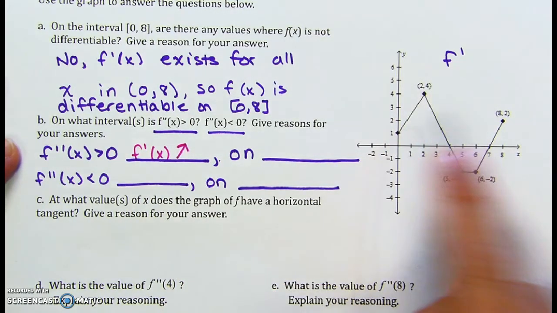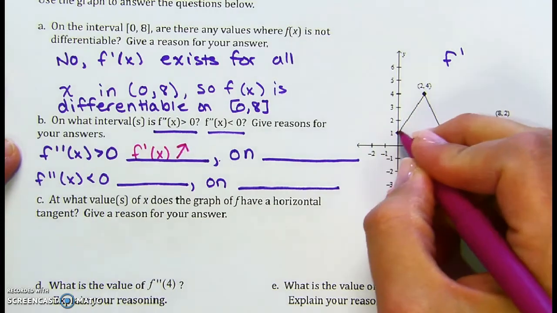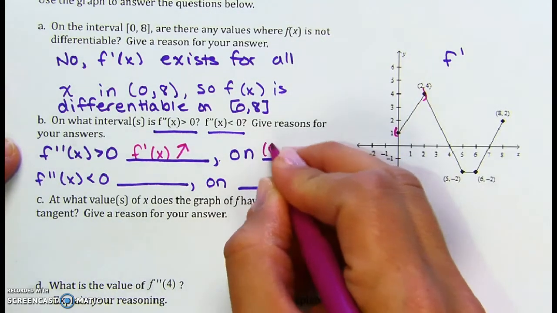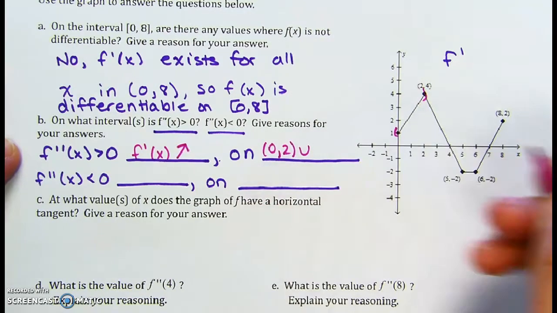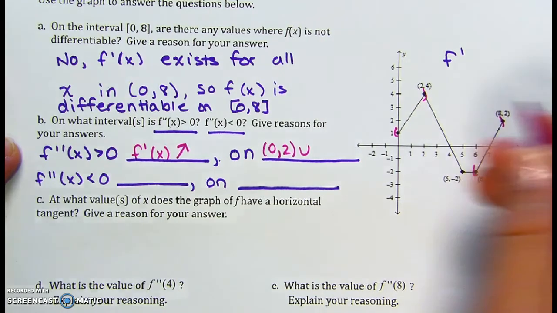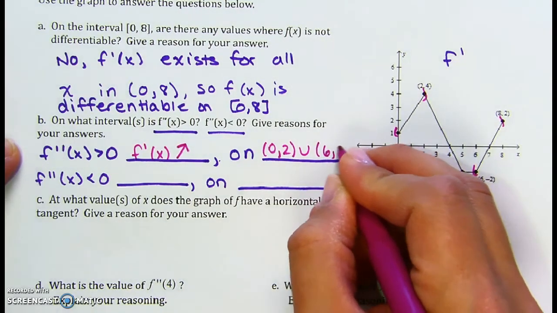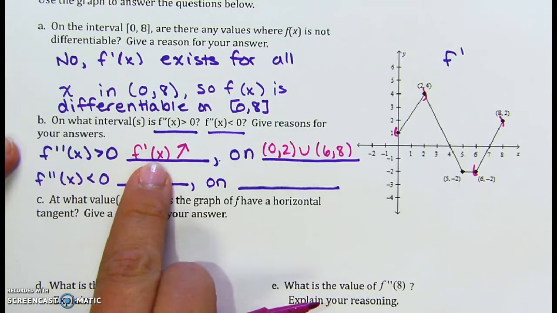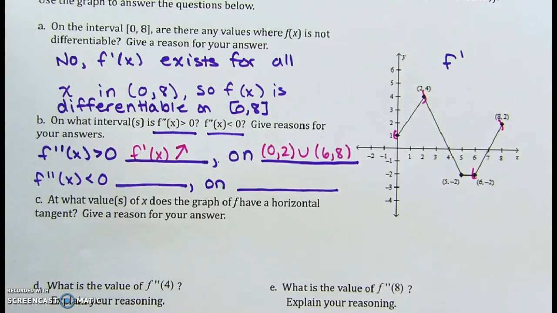We're only looking at x values, so it looks like from 0 to 2, and where else? 6 to 8. I agree. So the second derivative will be positive when the first derivative is increasing. Deal. Next. Here we go.